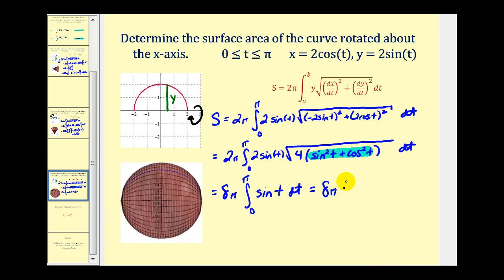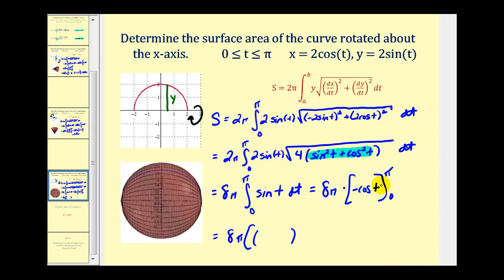This will equal 8 pi times, well, the antiderivative of sine t is negative cosine t. And now we'll evaluate this at the upper and lower limits of integration. So we'll have 8 pi times negative cosine pi.